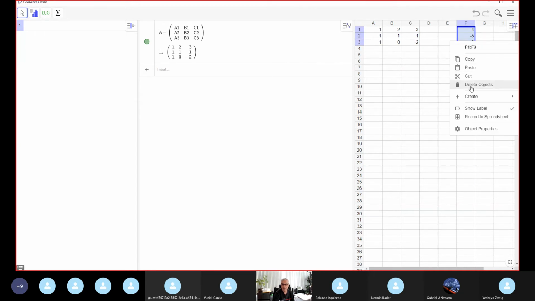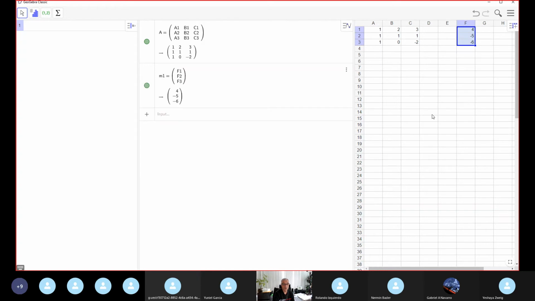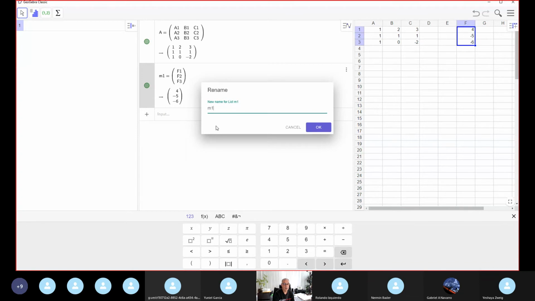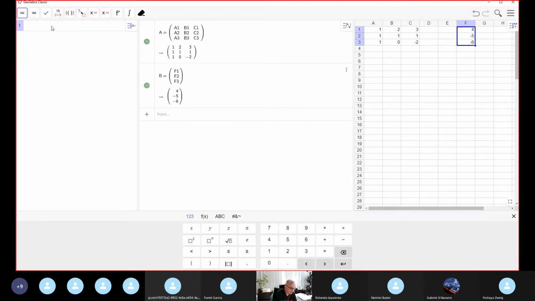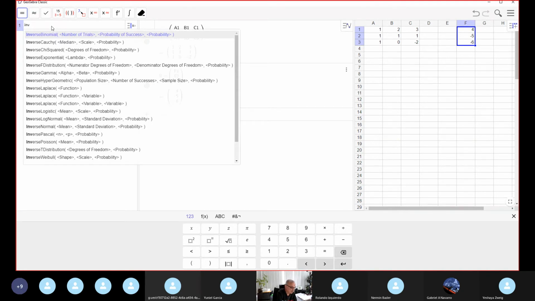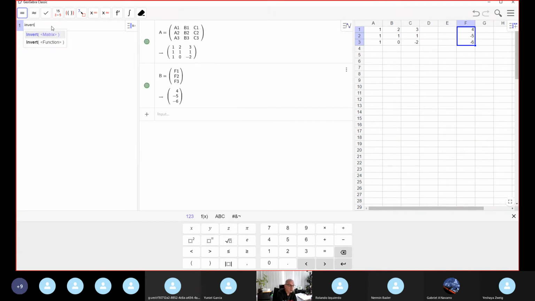Create matrix 3 by 1, and this is called B. Rename B. Boom. And now you apply the formula. The formula is invert matrix, capital A of course, multiplication. Oh no.